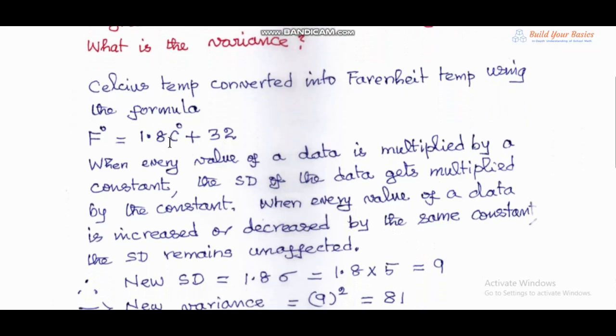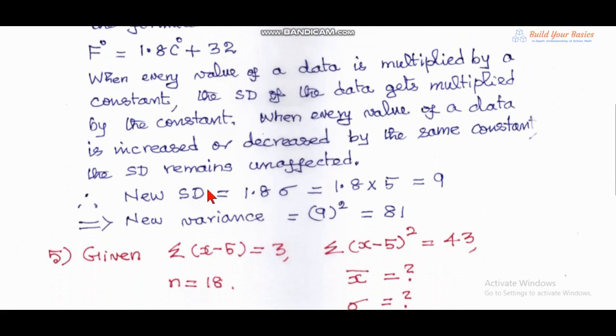Here every value is multiplied by 1.8 and 32 is added. Therefore, the new standard deviation will be 1.8 into sigma, that is 1.8 into 5, equal to 9. So the new variance will be standard deviation square, that is 9 square, equal to 81.